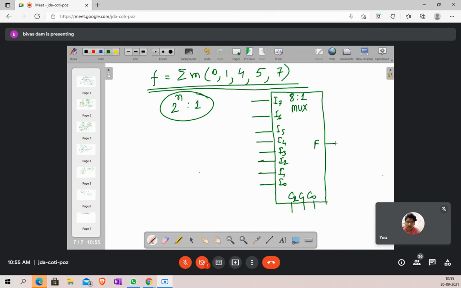If my input variables are A, B, C, then A is the most significant input bit and C is the least significant input bit.